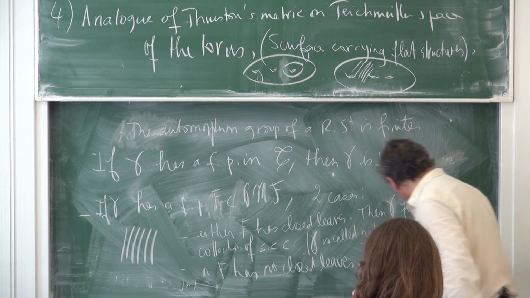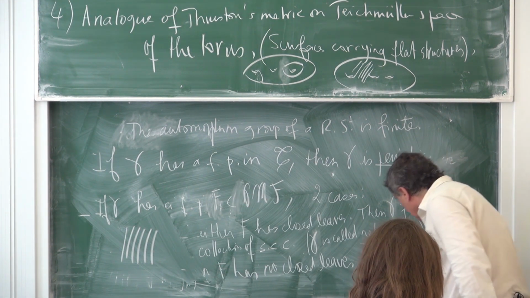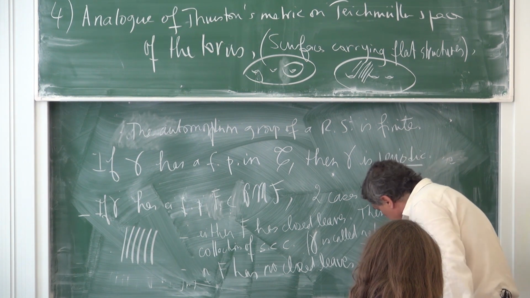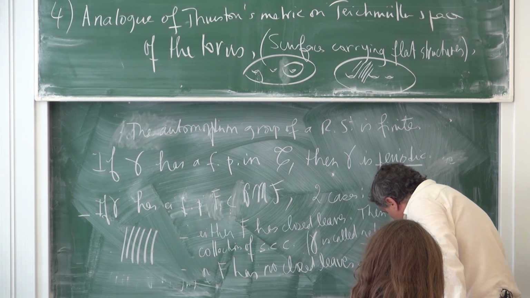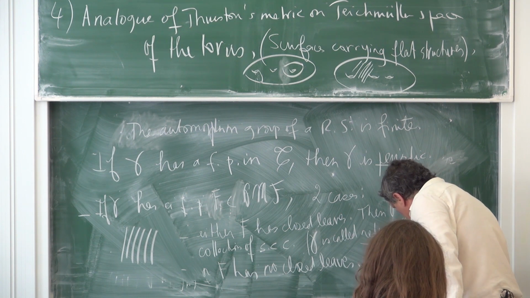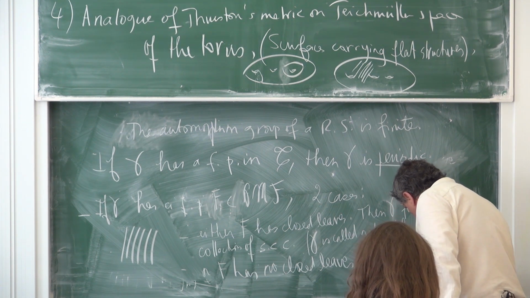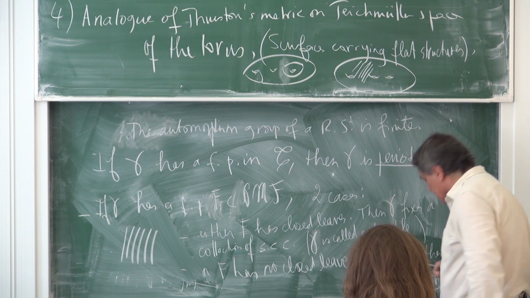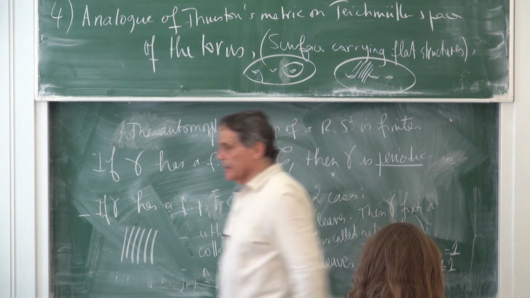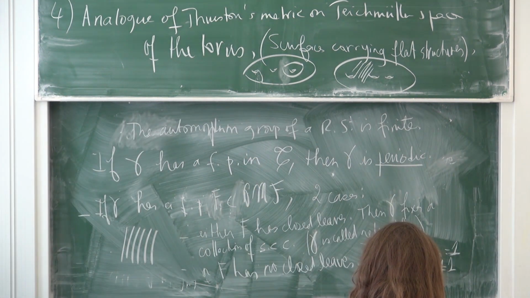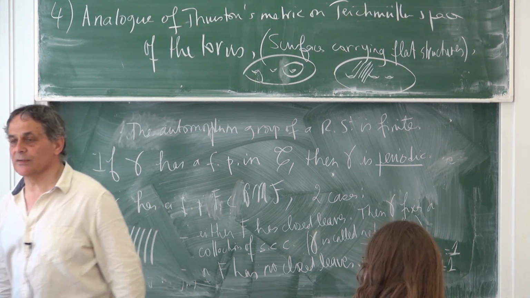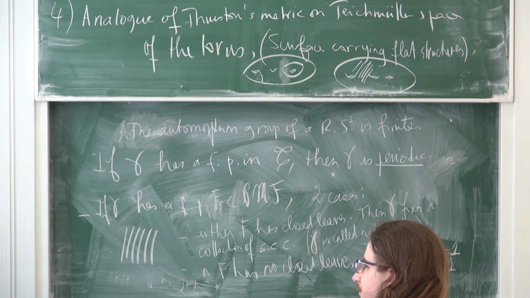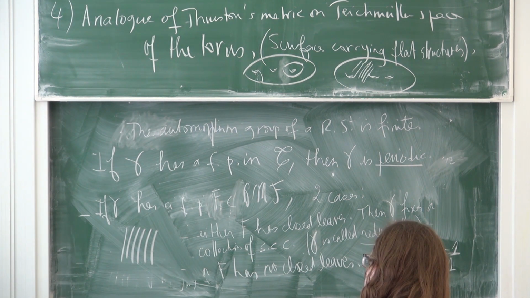This factor is different from 1, and this is the case which Thurston called pseudo-Anosov, which generalizes the Anosov homeomorphisms of the torus. Anosov was not in St. Petersburg, right? He was in Moscow. Anyway, so this is Thurston's classification.